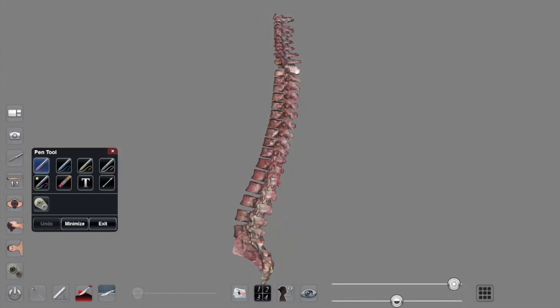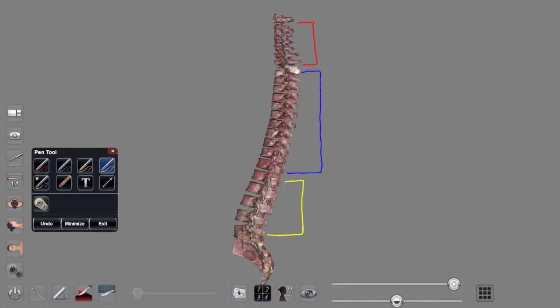The cervical spine comprises 7 vertebrae, as outlined here in red. The thoracic spine comprises 12 vertebrae, as seen here in blue, and the lumbar spine comprises 5 vertebrae, as seen here in yellow.